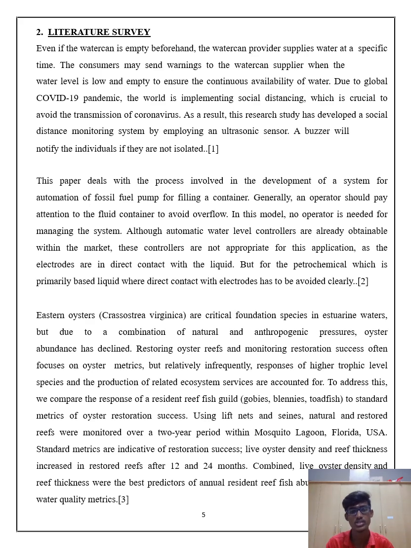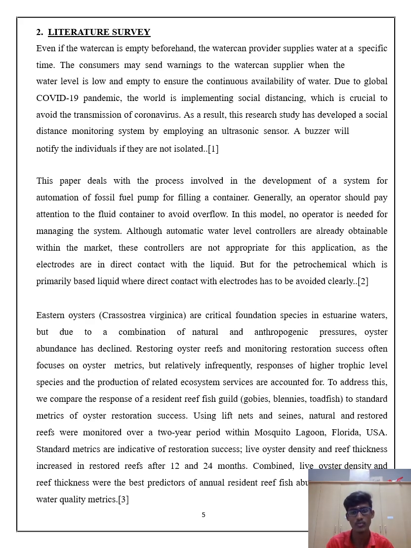Western oysters are a critical foundation species in western waters, but due to a combination of natural and anthropogenic processes, oyster abundance has declined. Restoring oyster reefs and monitoring restoration success often focus on oyster metrics, but relatively infrequently on the response of higher trophic level species and other products, and the production of ecosystem services.